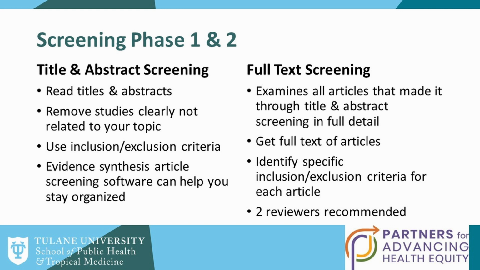Two reviewers are recommended, and it sounds overwhelming at first when you look at the number of titles and abstracts to screen, but I promise there will be a lot of articles in the title and abstract screening that you rule out for one reason or another. So full text screening is usually not as overwhelming of a process.